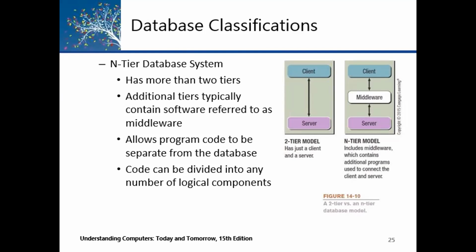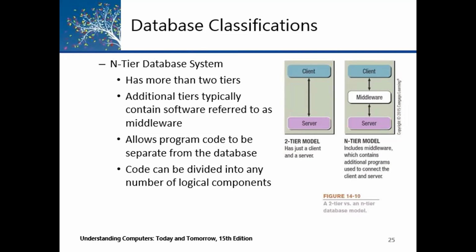But in the n-tier model, first there is a client, on the other end there is a server, and in between there is middleware. Middleware is nothing but software that contains additional programs used to connect the client and the server. It is a bridge between the client and server. When the client requests the middleware, the middleware requests the server, and vice versa.